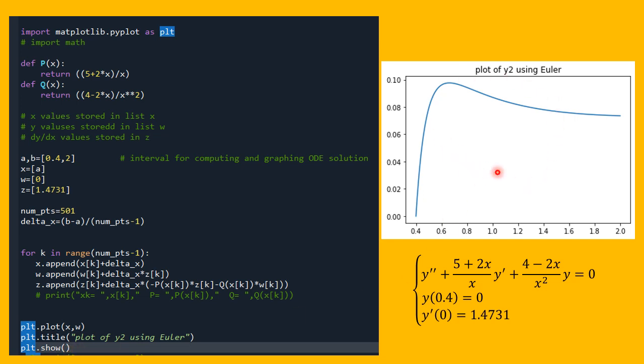So the plot of y2 using Euler's method looks like this. This agrees very well with the previous plot that we saw, which we got by using reduction of order. And we know that from the initial conditions, this y2 satisfies this differential equation plus these two initial conditions.